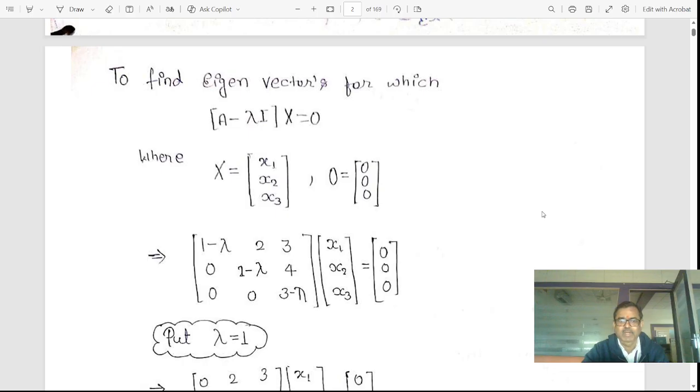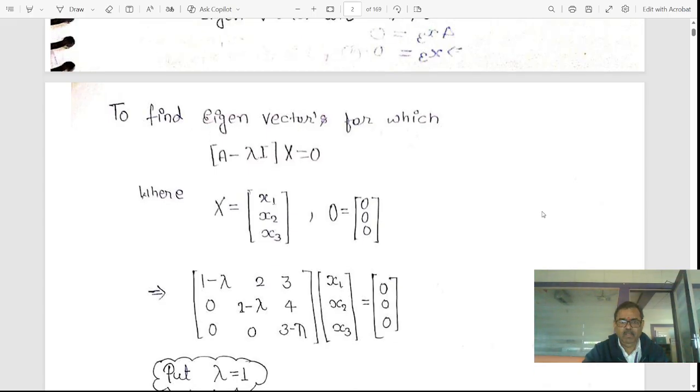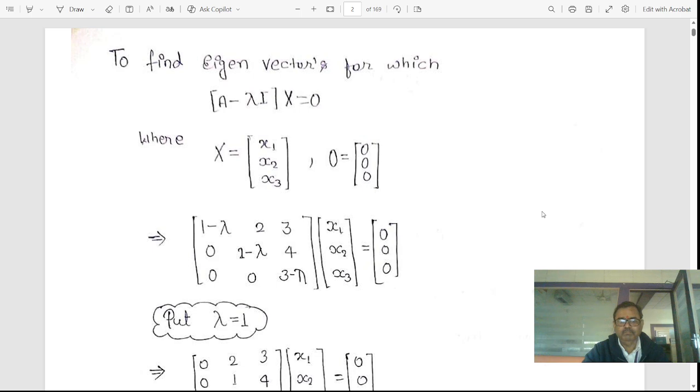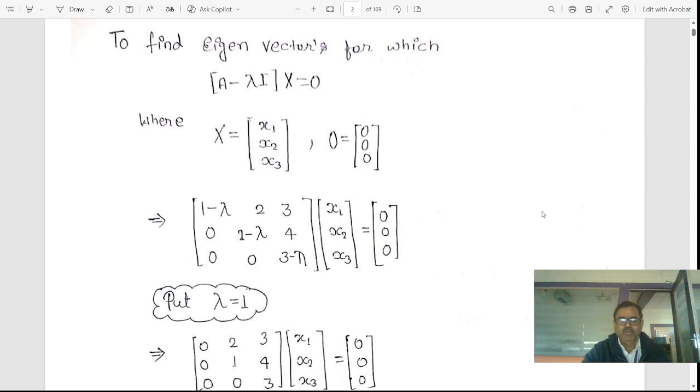So we can write A minus lambda I into x, that means 1 minus lambda, 2, 3, 0, 2 minus lambda, 4, 0, 0, 3 minus lambda, times x1, x2, x3 equal to 0, 0, 0. Here we find all the eigenvectors corresponding to all the eigenvalues.